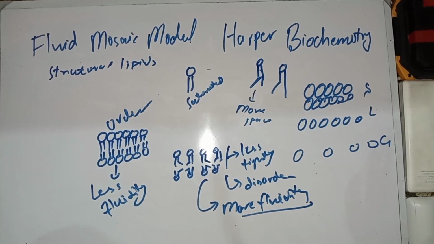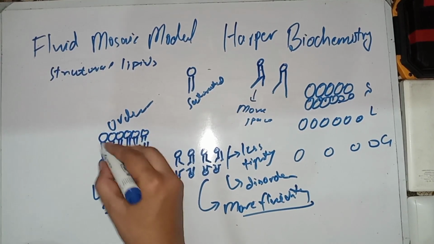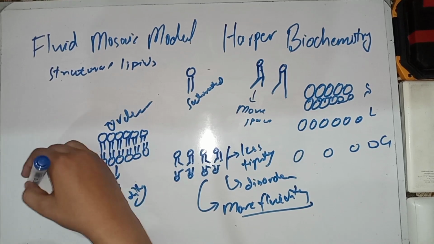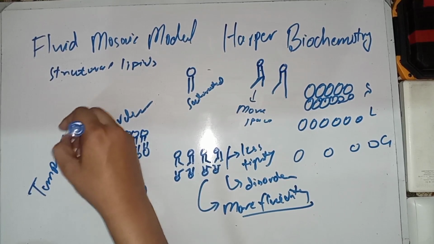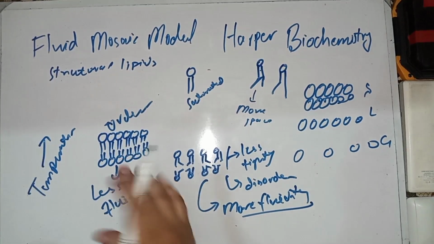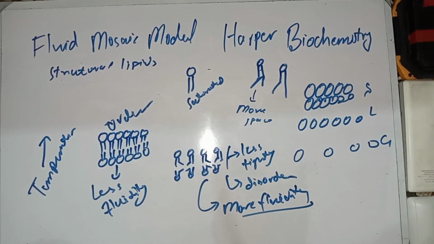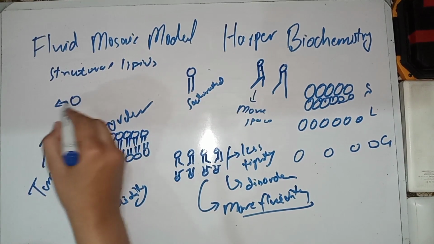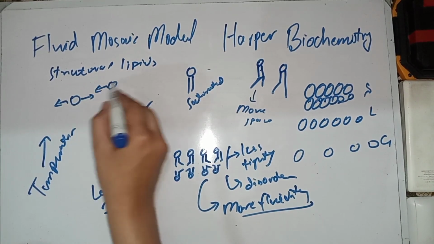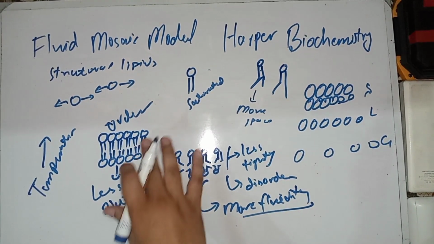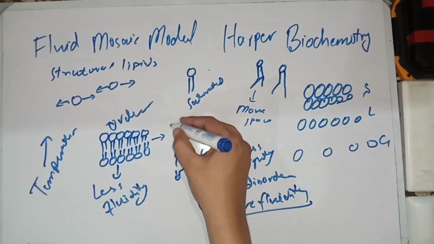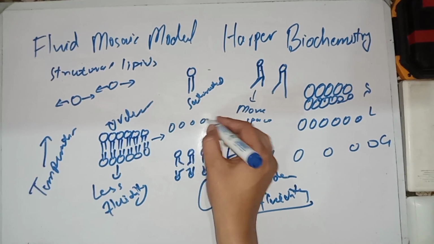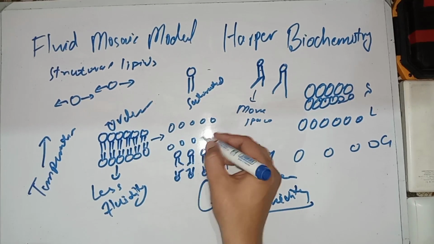Moreover, if we increase the temperature, what will happen? We know that temperature increases the energy of molecules and molecules begin to vibrate more violently. Increasing temperature will push these lipids far away from each other, and there will be some space between them.